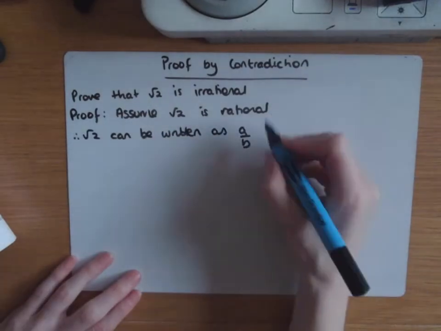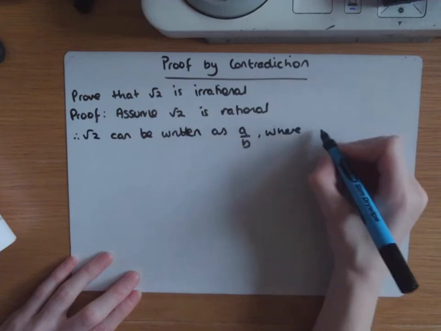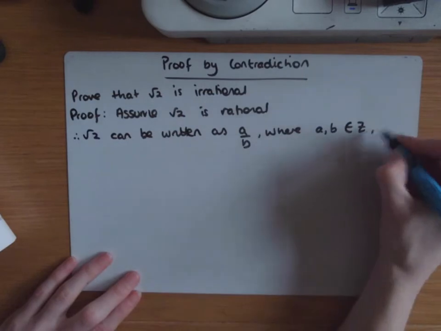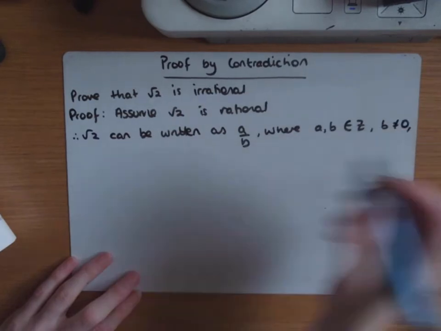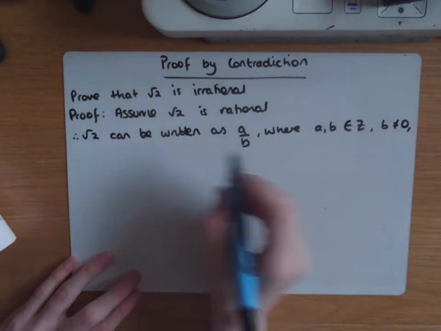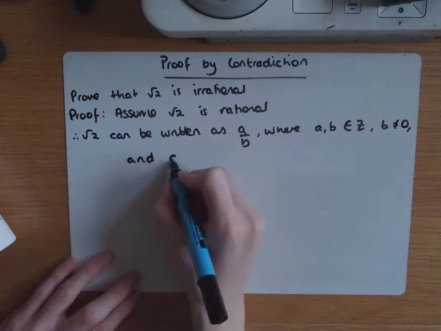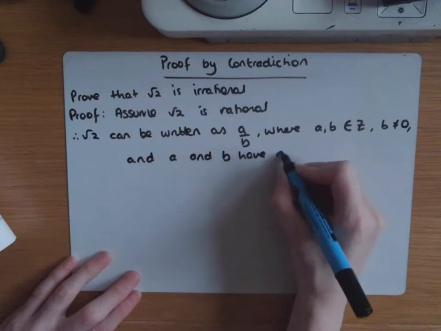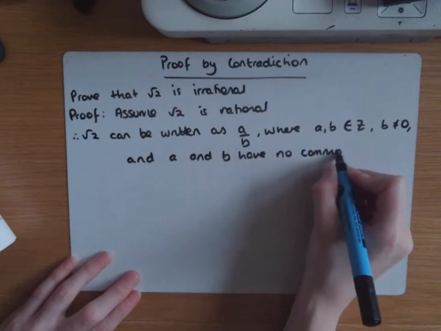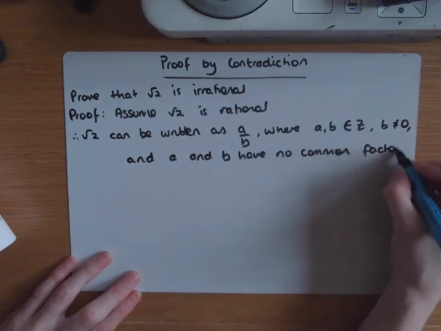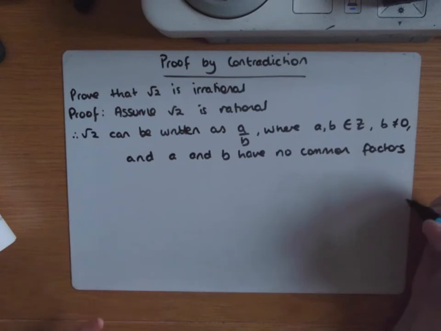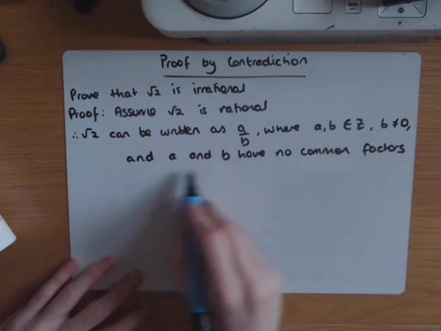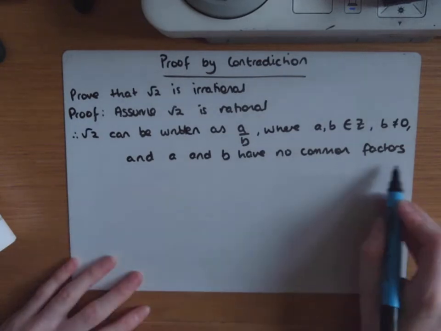That's what a rational number is, where a and b are both integers, b can't be 0, you can't have 0 on the bottom of the fraction, and a and b have no common factors. That's the definition of a rational number. This part is really important: a and b have no common factors.